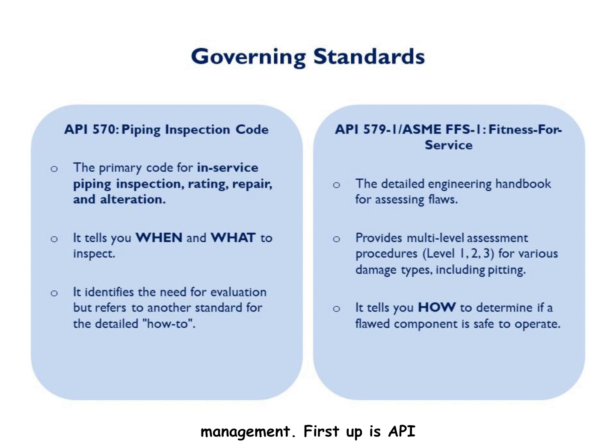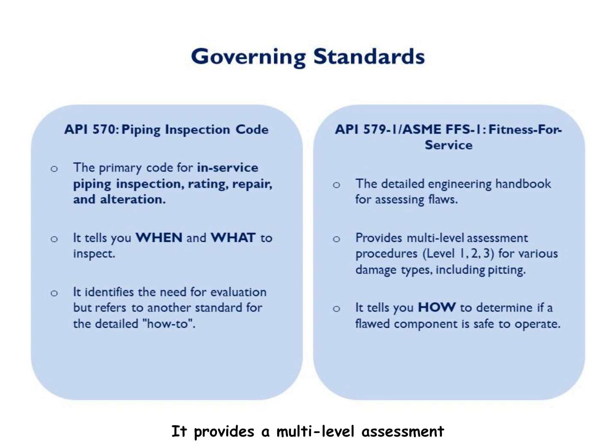First up is API 570, the Piping Inspection Code. This is our primary reference for inspecting, rating, repairing, and altering piping while it's still in service. Next, we have API 579-1, also known as the ASME FFS-1, which is our detailed engineering handbook for assessing flaws.